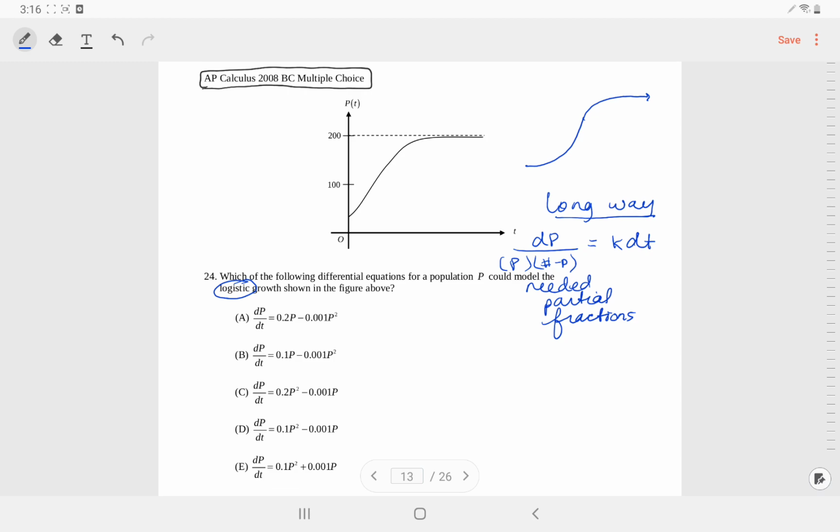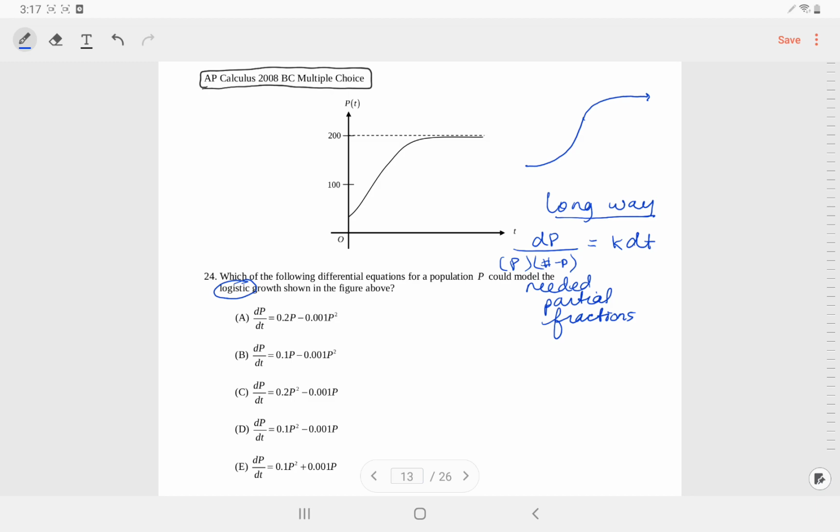It was my first year I taught BC over there, and they had this crazy question where lots of people graphed it, lots of people tried to solve it, and it was so difficult that they didn't get to the Taylor series at the end. So maybe we should take a look at that one. I'll add that to my list of the free responses that we want to go over. We want to go over that logistic free response.